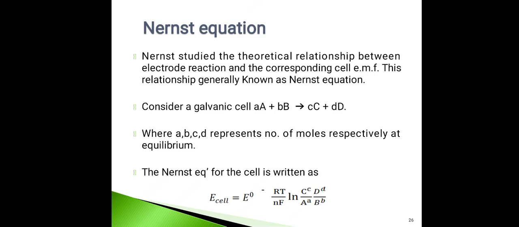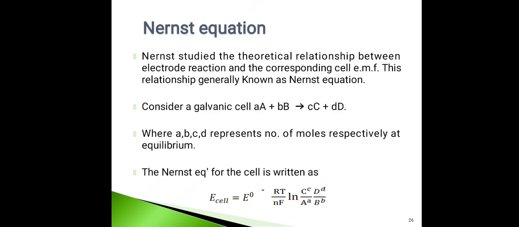Or else we can also convert it into logarithmic terms, that is E cell equals E naught minus 2.303 RT divided by nF log of the concentration of C to the power c, concentration of D to the power d, divided by the concentration of A to the power a and the concentration of B to the power b.